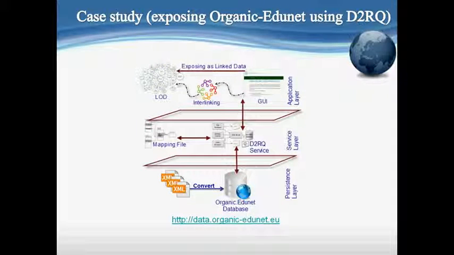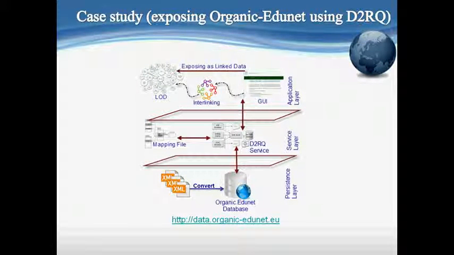For example, in Organic.Edunet, we used this infrastructure to expose the data as linked open data. As you can see here, first we harvested the metadata elements and converted the data to a relational database. When we had the data in a relational database, we mapped this information to RDF using D2RQ services.